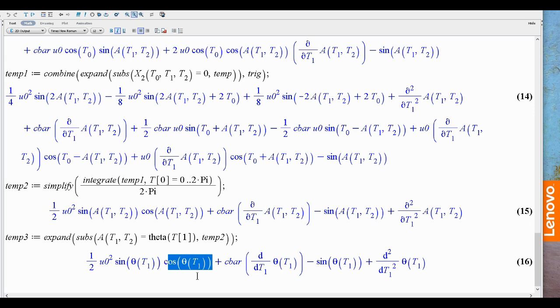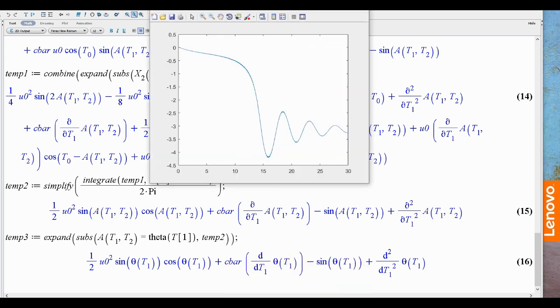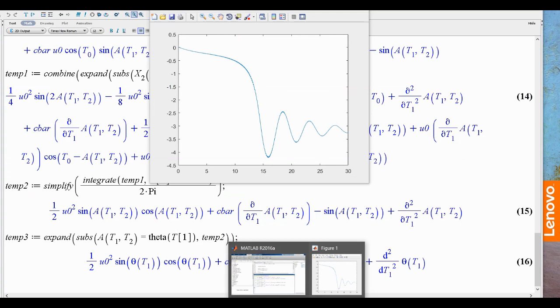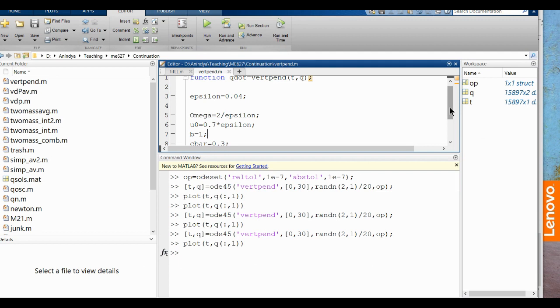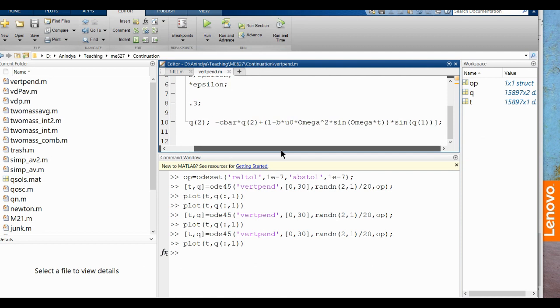But let me come here to MATLAB and add another equation. Okay, so what I will do here now is I will add another equation, and that equation, two equations.